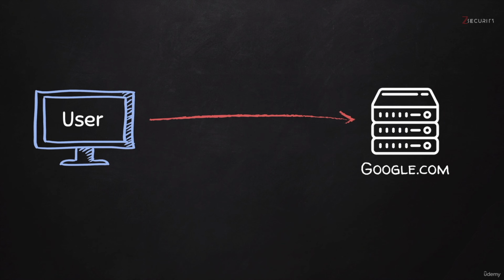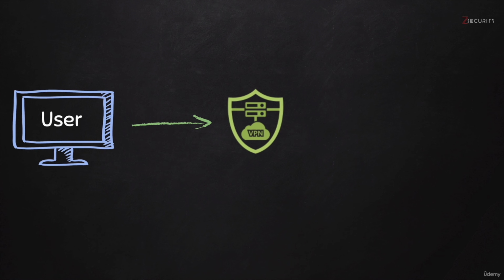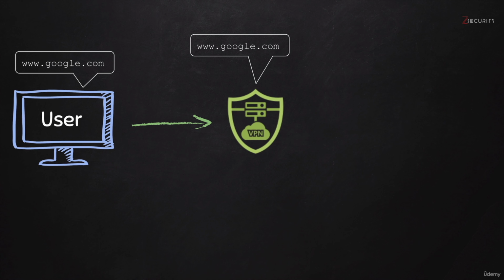Now, when you use a VPN, you connect to a VPN server in a certain country, and when you do that, you create an encrypted tunnel between your computer and the VPN server. So let's say you want to go to google.com. That request will first be sent to the VPN server.